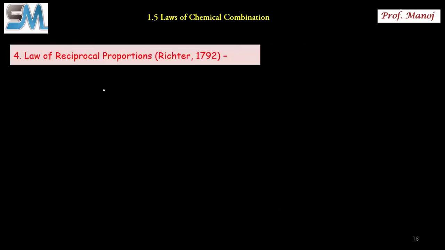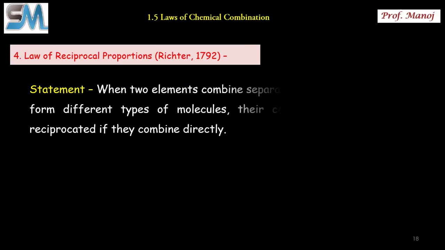We will now take up the 4th law, known as reciprocal proportion, given by a scientist Richter. This law is not a part of the Maharashtra syllabus. This is not given in NCERT, but most of the JEE, NEET and CET books give you this law as an additional one. Let us understand the statement of this law.